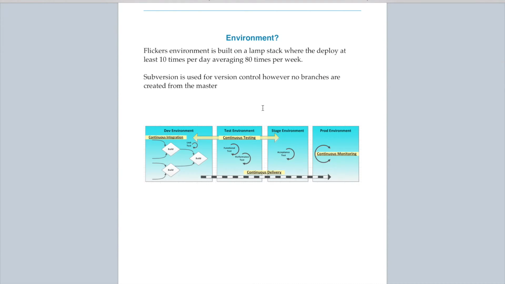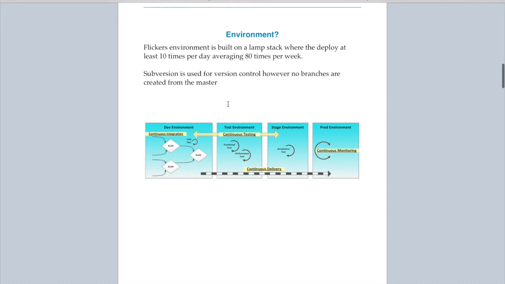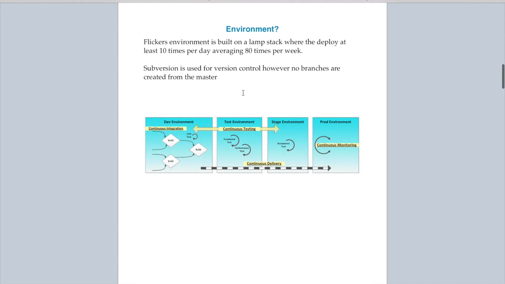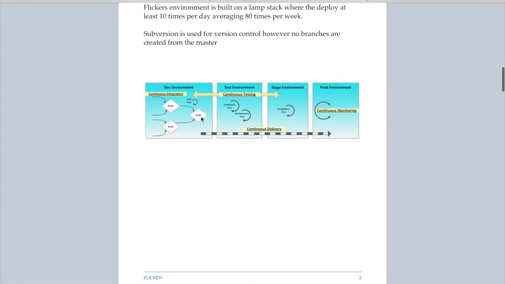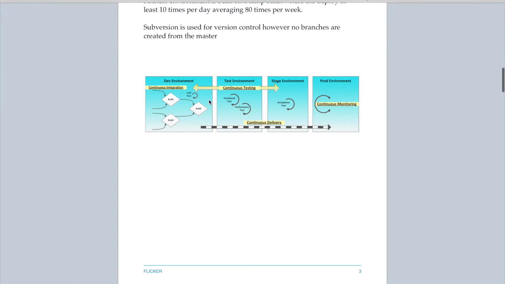So the environment is built on a LAMP stack, and they deploy around 10 times per day on average, maybe during the week like 80 times. And they use Subversion instead of Git for version control. So basically they have this structure: the development, a testing, a stage, and then the production environment.